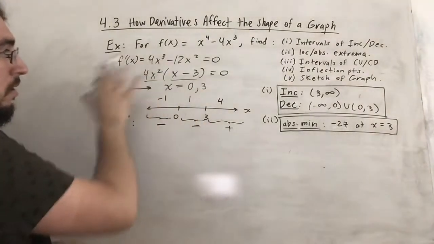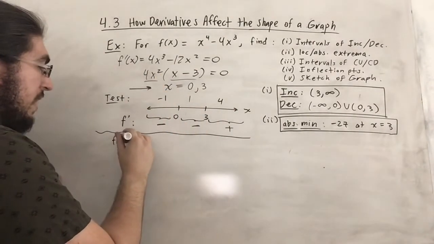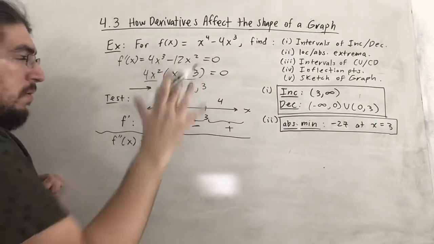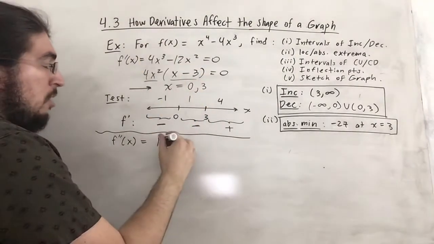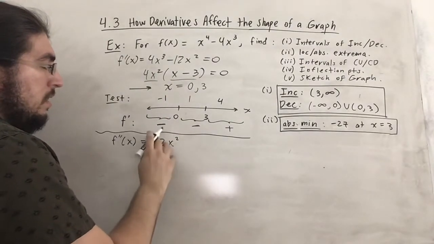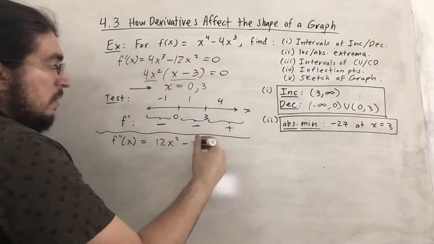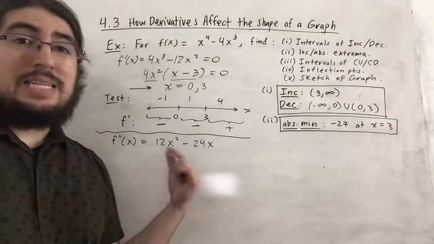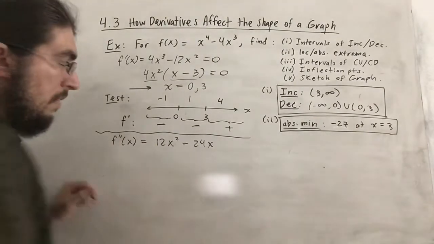So if f prime is, before we factor, that way we don't have to use a product rule, 4x cubed minus 12x squared, the derivative of that will be 12x squared minus 2 times 12, which is 24x. Now I want to set this equal to 0 to find potential inflection points.